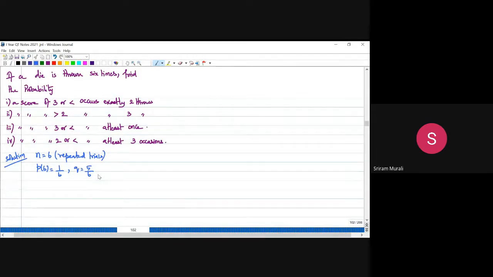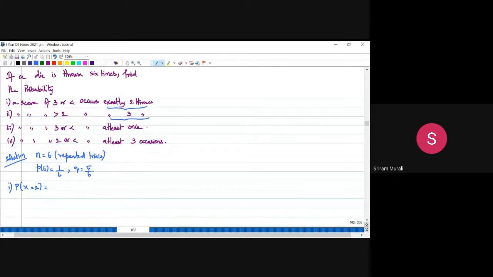3 or less on exactly 2 throws. On exactly 2 throws, that is the main thing. So we want to find the probability of X equal to 2. Exactly 2 throws, exactly 3 throws. This is important.